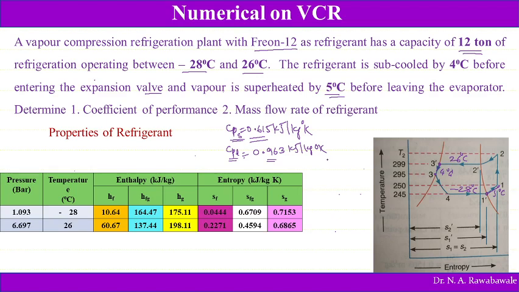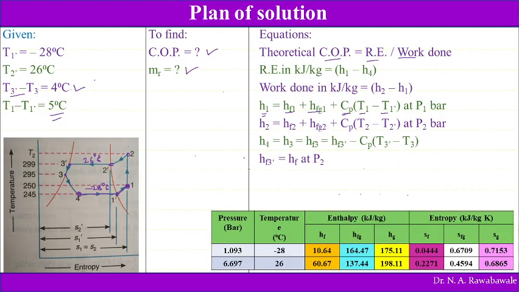Now to find this COP and all, that we will see. So Cps is 0.615 kilojoules per kg Kelvin, and Cpl is 0.963 kilojoules per kg Kelvin.